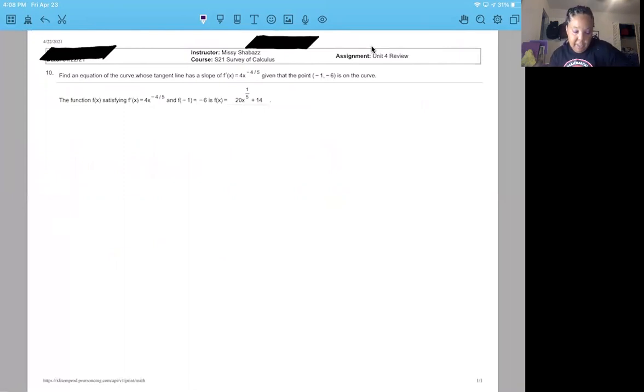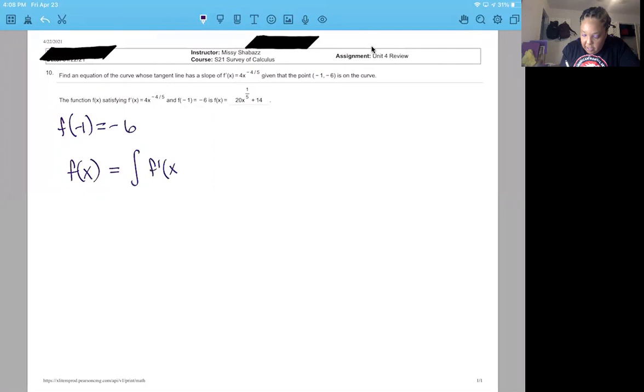All right, find the equation of the curve whose tangent line has a slope of f prime of x, given the point -1, -6. So this tells me that f of -1 equals -6. I know that my function is going to be the integral of f prime of x.